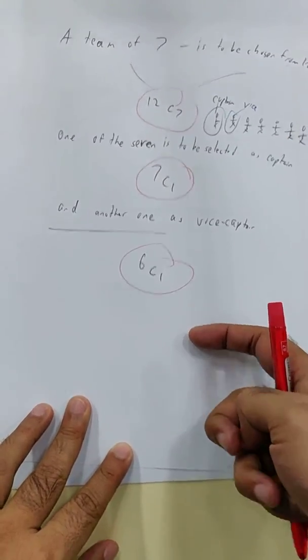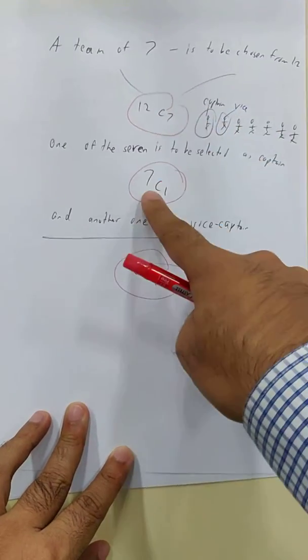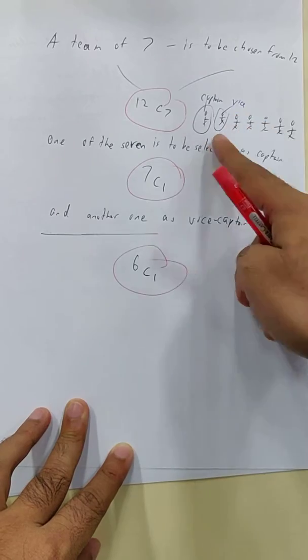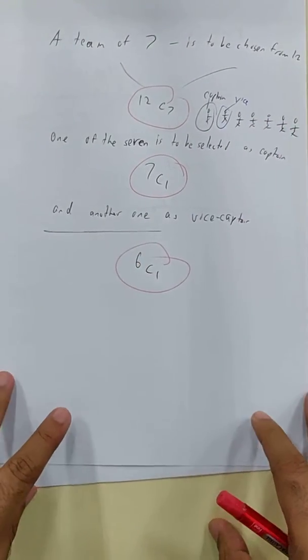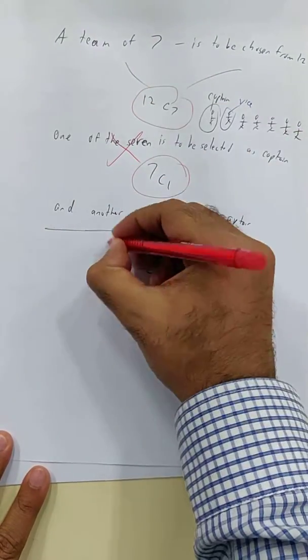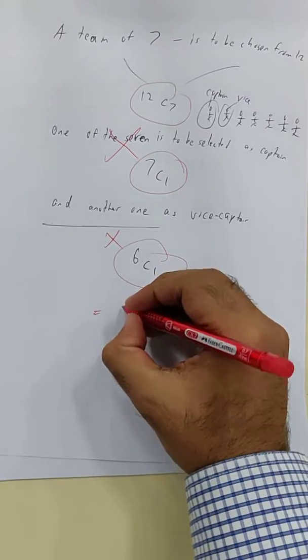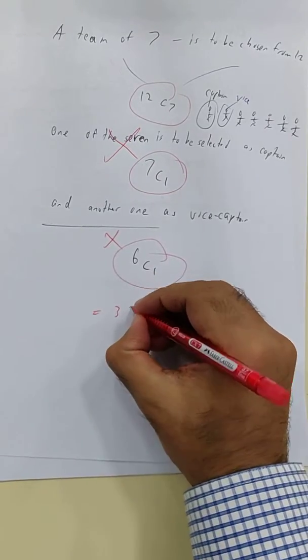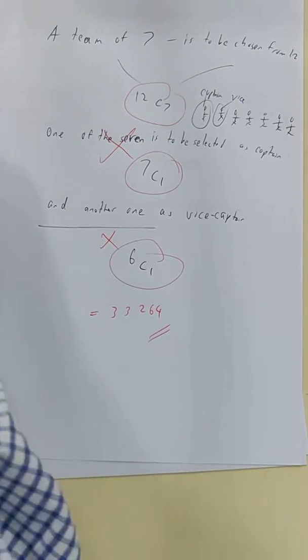Can you see? From these 7 people, I'm going to choose this, and from the leftover 6, I'm going to choose this. So this is the same case. They are all times. So the answer is 33264, from what I got here.